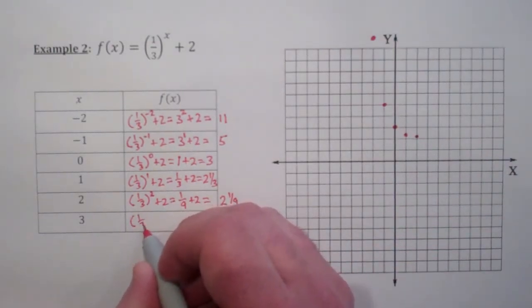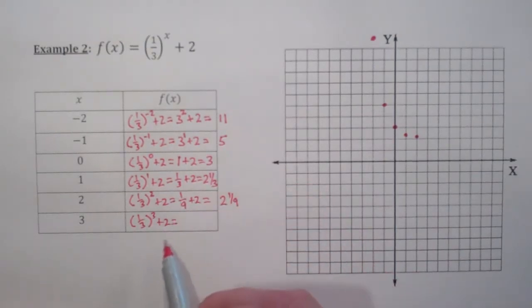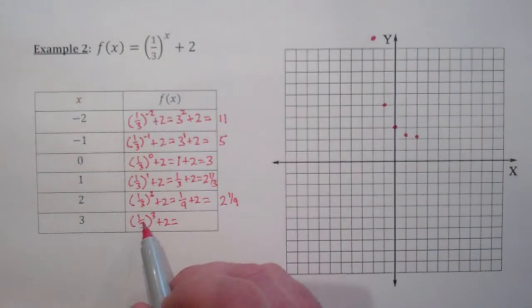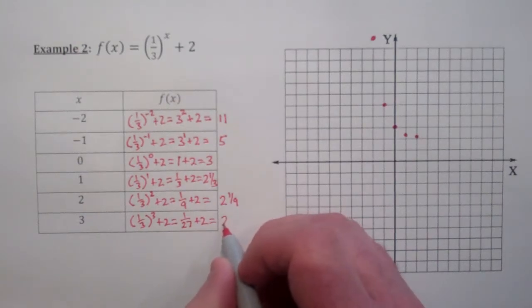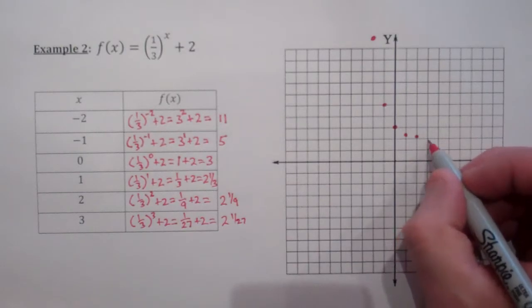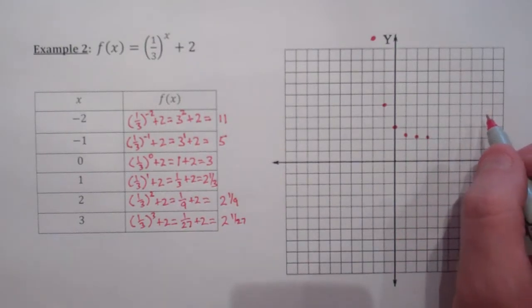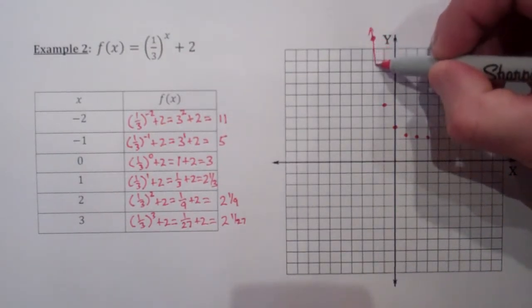The next one is 1/3 to the third power plus 2. Let's see, 1/3 times a third times a third, which is 1/27, then plus 2 gets us to 2 and 1/27. So we'll go right 3 and up just a little bit. I know the shape of this graph, so I'm going to go ahead and draw it right now.